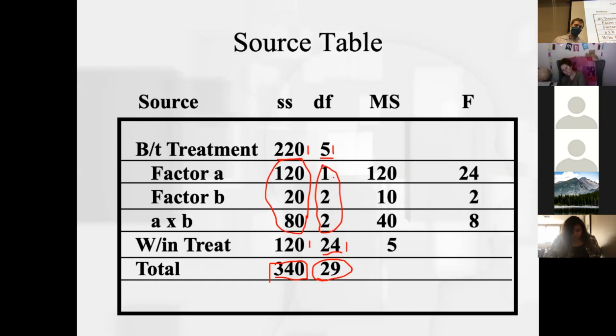And so now we need to calculate our F values. So our F value for factor A is what? How do we calculate that?